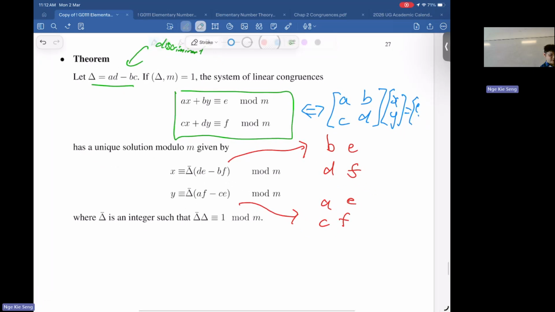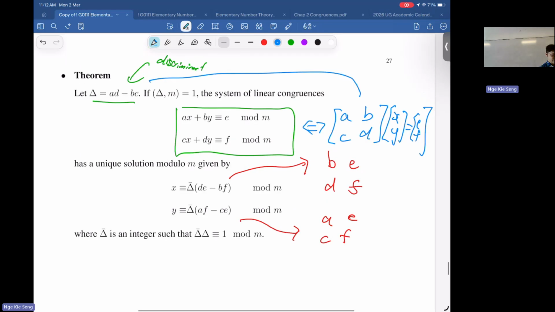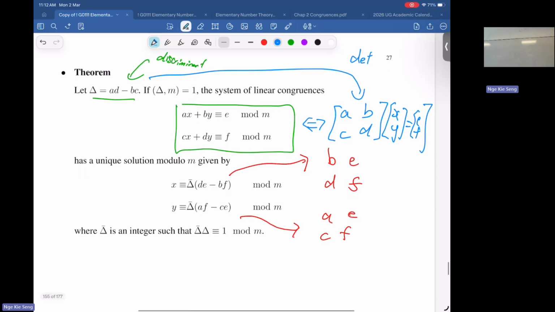Okay, so this discriminant here is actually the determinant of this matrix here. You guys know the determinant of a matrix? AD minus BC. Okay, good. But then you take this inverse and multiply by another determinant. Okay, so what's the matrix you're looking at? This matrix, you're kind of looking at B, D, E, F. But not quite, because if you look at this determinant here, you take this part as your matrix.